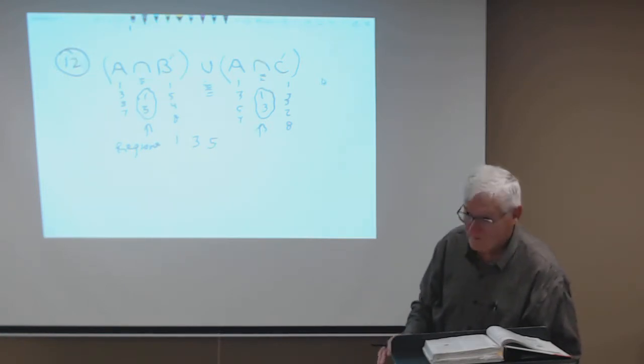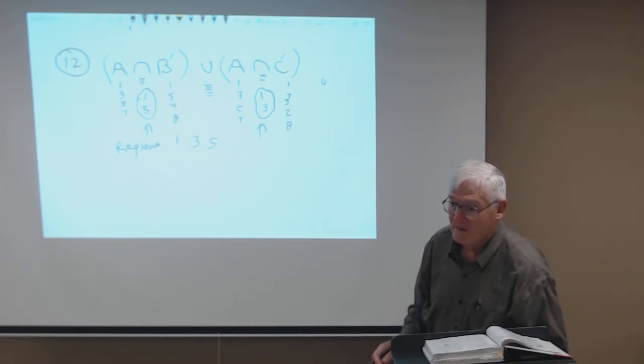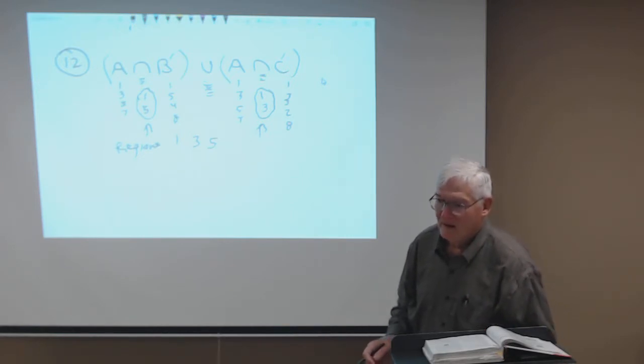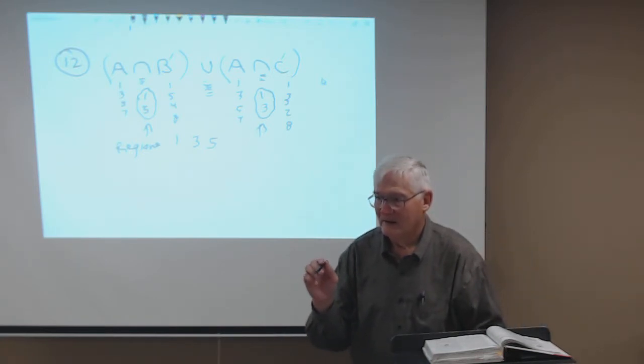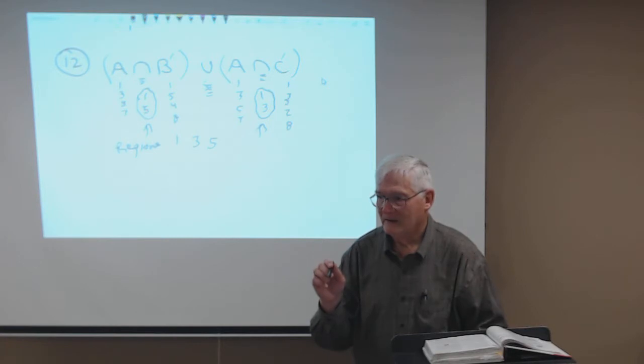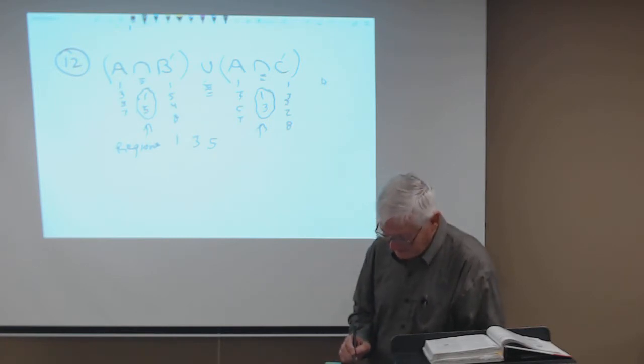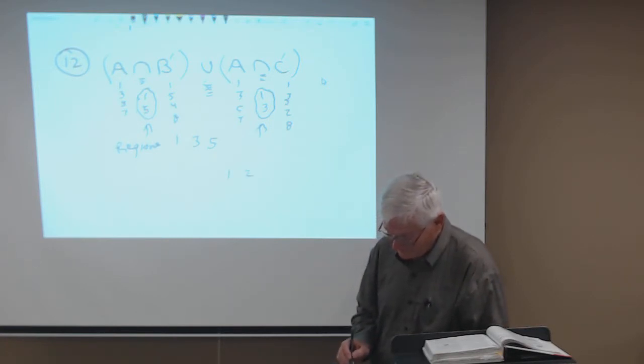Can I ask a question? What is the difference between an element and a subset? An element, like if I had the set 1, 2, 3, 4, elements of that are 1, 2, 3, and 4.